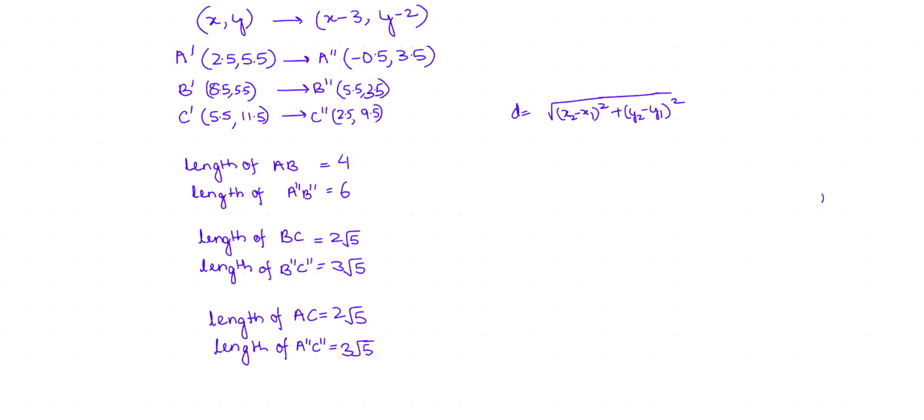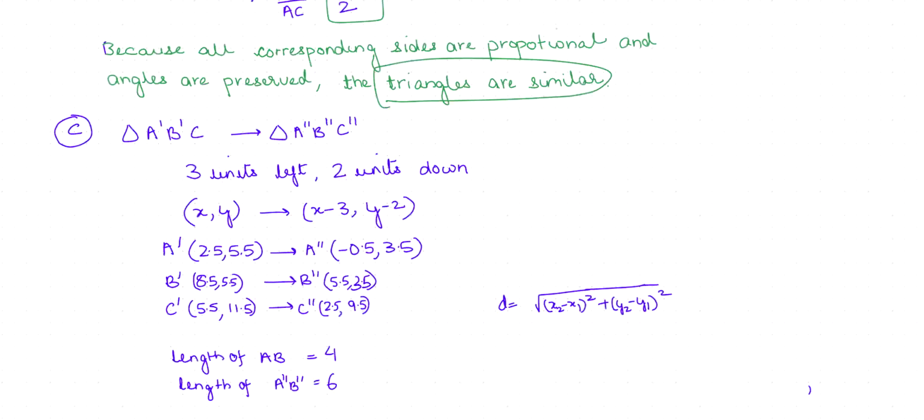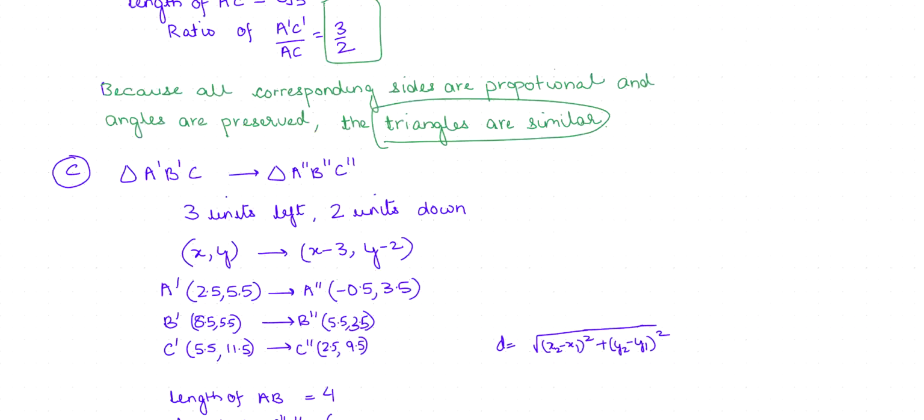So this A dash, B dash, C dash is transformed to A double dash, B double dash, C double dash. 3 units left means x will change to x minus 3 and 2 units down means y will change to y minus 2, like this.